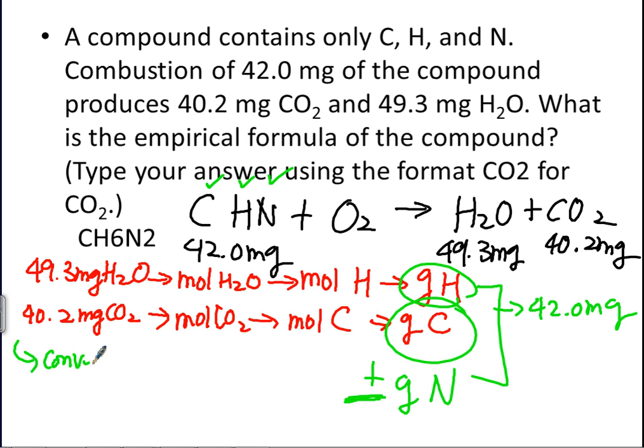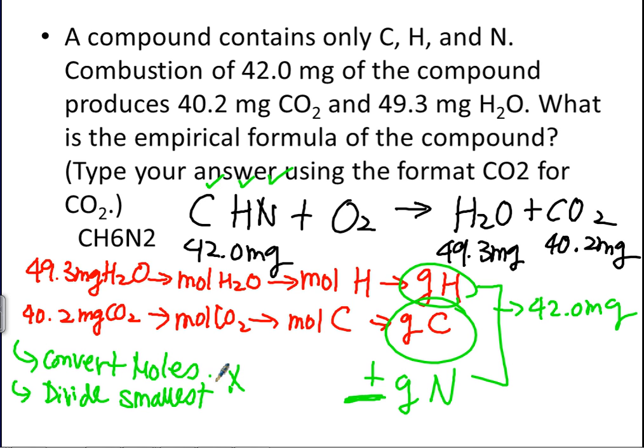Convert back to moles, and then divide by the lowest number of moles, and then you're going to get a number. Now we multiply by a factor. Then you've got your answer.